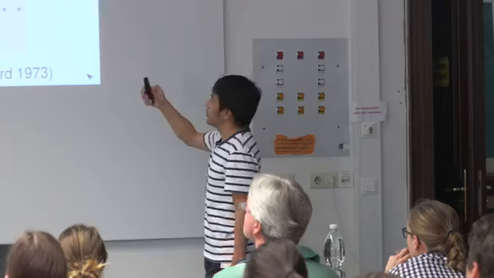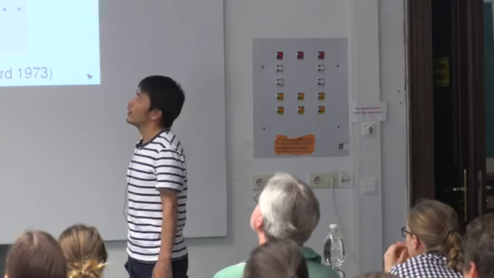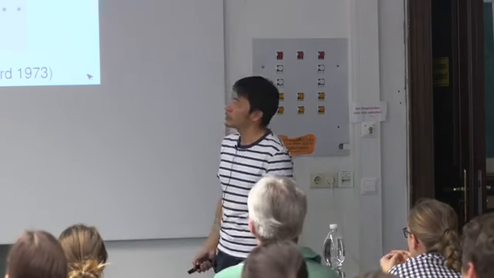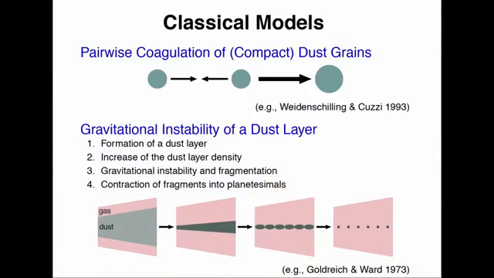To solve this problem, people worked on the standard formation scenario. They found this mechanism called gravitational instability of a dust layer. Here, this is a part of a protoplanetary disk, and it consists of gas and dust. Dust settles toward the mid-plane.